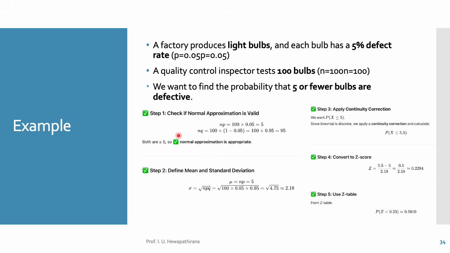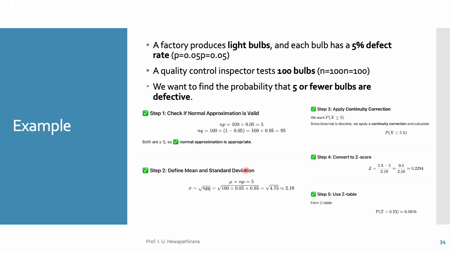Let's check the conditions. n times p is 100 times 0.05, which is 5. n times q is 100 times 1 minus 0.05, which is 95. So both are greater than or equal to 5, and you can apply the normal approximation.